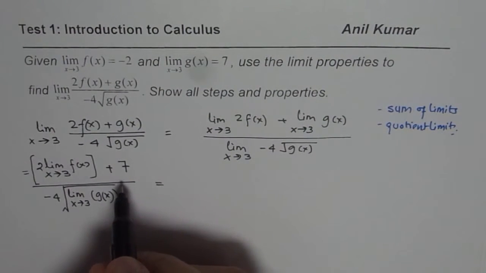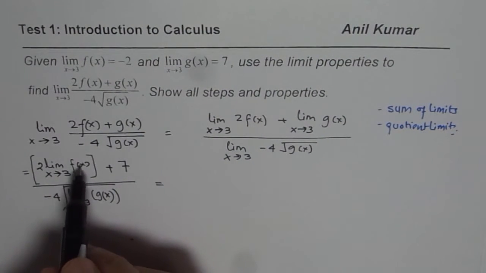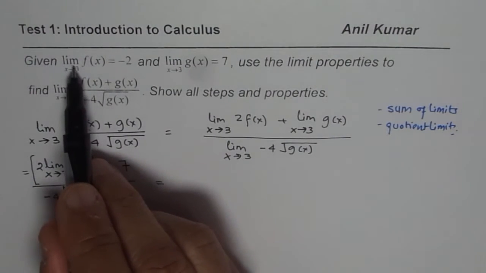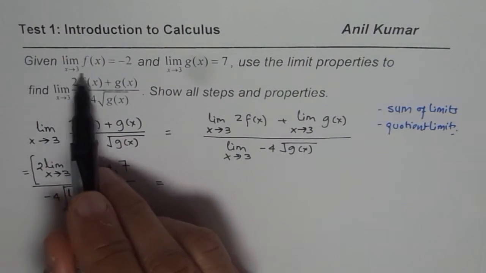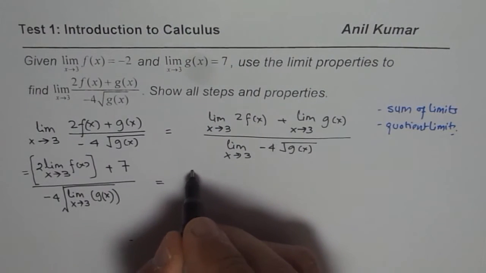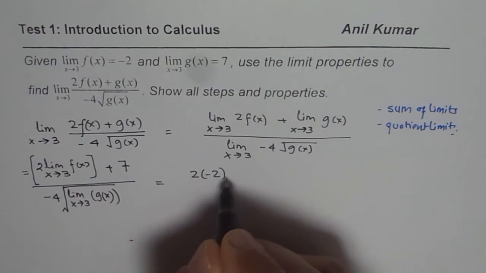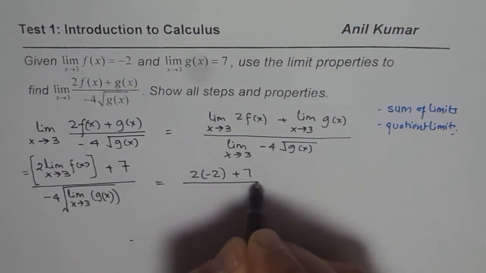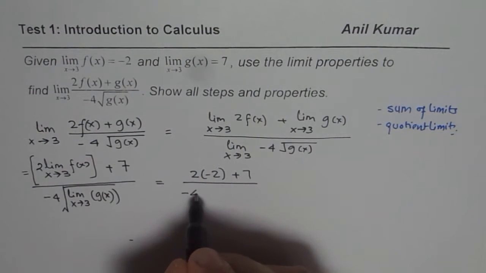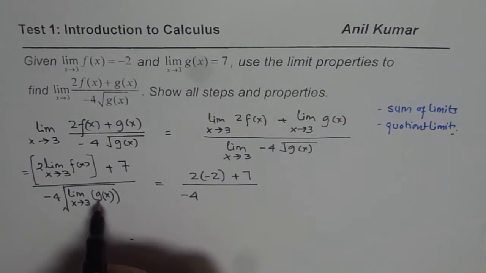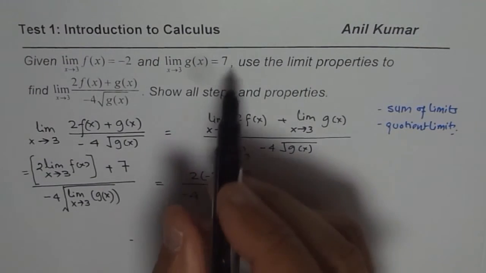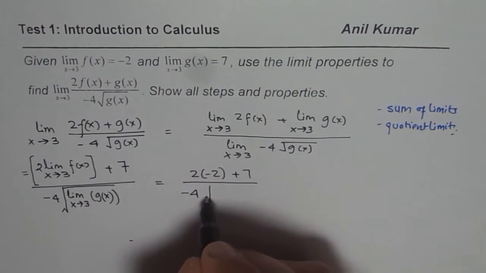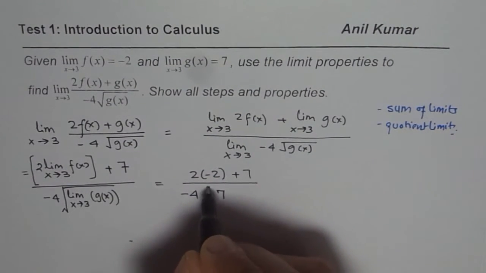So that is how it is. Now let's open this bracket. So 2 times the limit of f of x, we are given the limit of function f of x as x approaches 3 is minus 2. So we could write this as 2 times minus 2 plus 7 divided by minus 4, and the limit of g of x is given to us as 7, so we could write this as square root of 7.